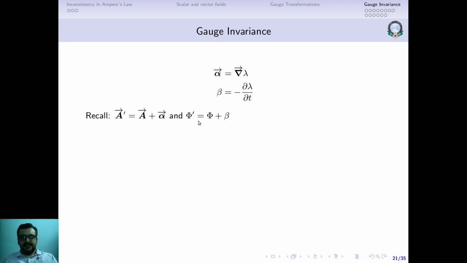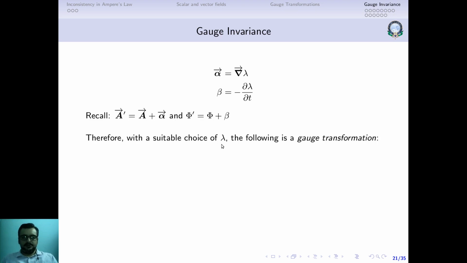So A is this, A' is this and φ' is this. If I choose a suitable λ, then the following is a gauge transformation. I just substitute that A' is equal to A plus gradient λ, and φ' is equal to φ minus ∂λ/∂t. Here this λ is known as a gauge function.